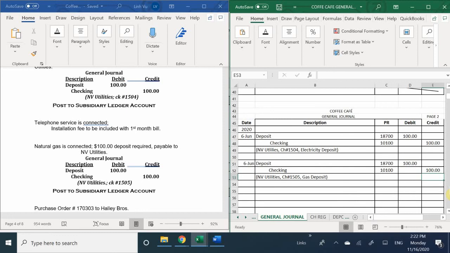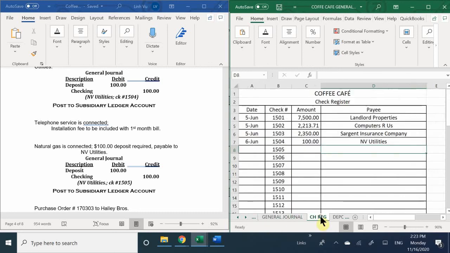First things first, I'm finishing typing everything up. No worries. We went to the thing, we got our numbers already. We need to go to our check register and record our $100 check.